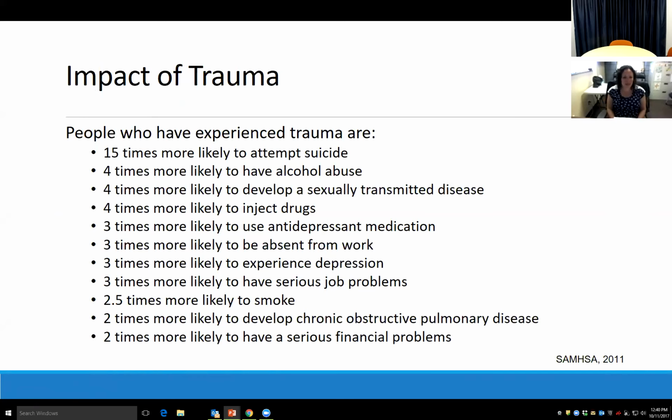So again, this speaks to the global effect of trauma. It's not just about the symptoms we're experiencing, but really how it can have these long-term consequences.